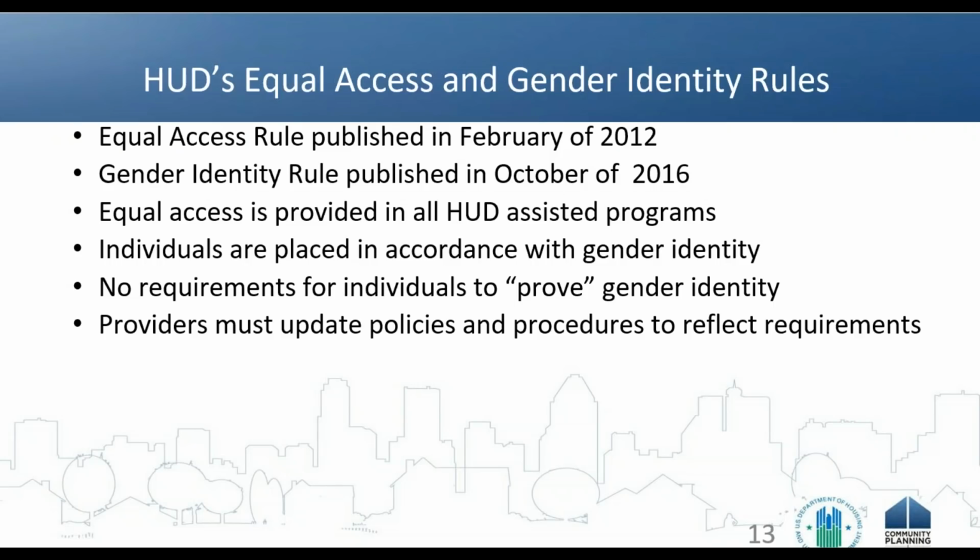And the reason why we focus on the self-reported, and there is also a prohibition from asking additional probing questions. You can't ask about anatomy. You cannot ask for somebody to show you an ID that, quote unquote, proves that they're a particular gender. And we prohibited those for very important reasons.